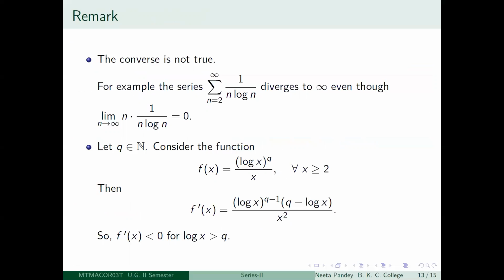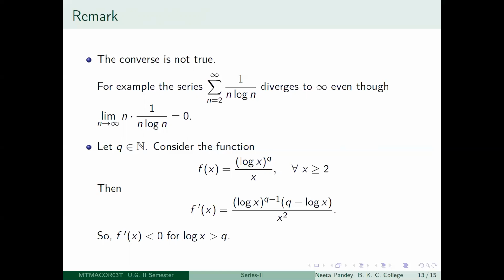Okay. So again, this is a necessary condition. It is not sufficient. To see that, you look at the series summation n equal to 2 to infinity 1 by n log n. We have seen that this series diverges to infinity. But if you look at n times its nth term, that becomes n into 1 by n log n. What do you get? The n cancels out and you're left with 1 by log n. If you take the limit as n tends to infinity, then you do get a 0.